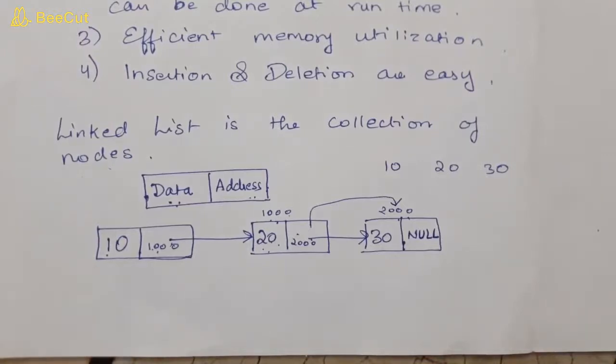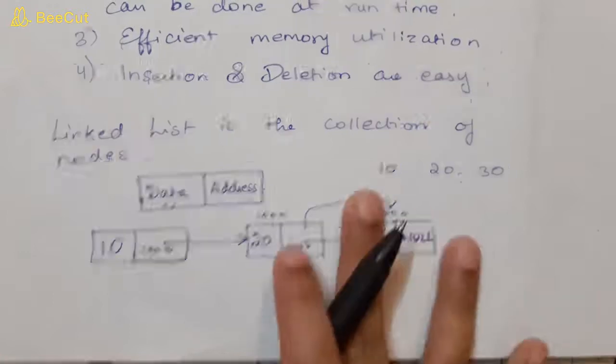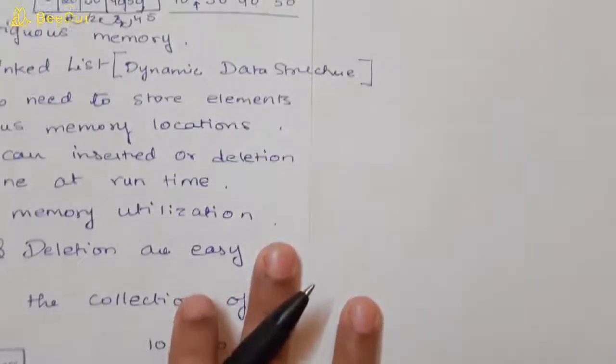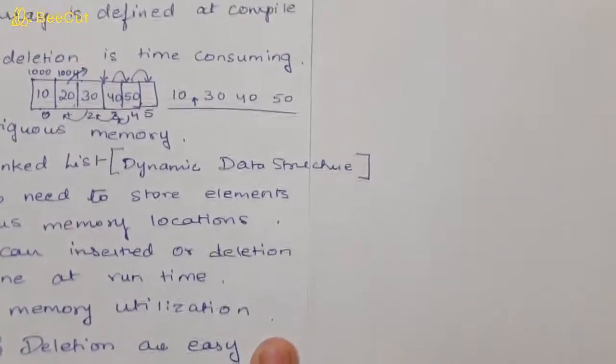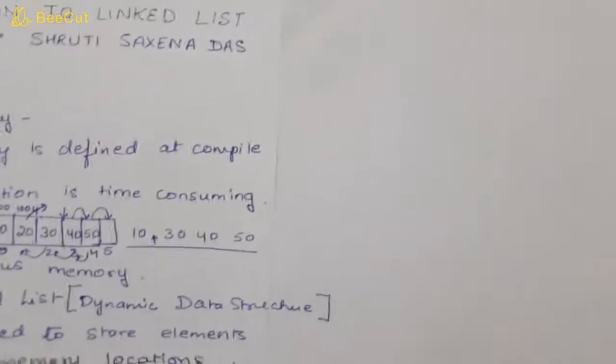What is the need and how do we represent it? Now we'll discuss how to create a structure for this linked list. Normally, suppose I have to store an integer value, say 10.